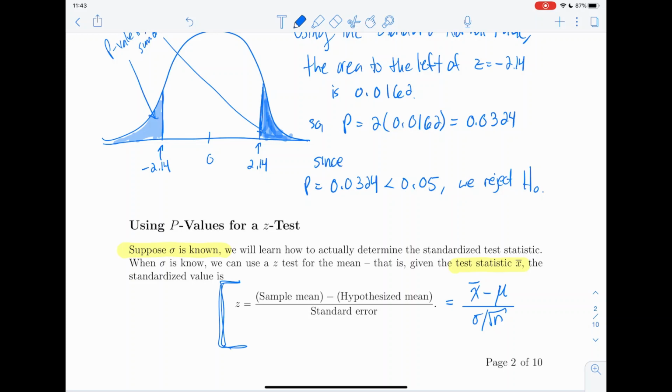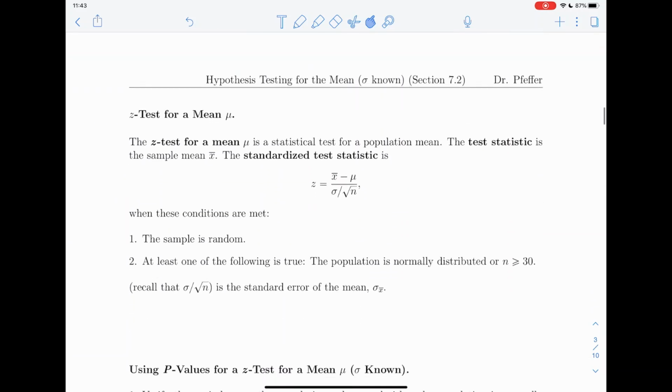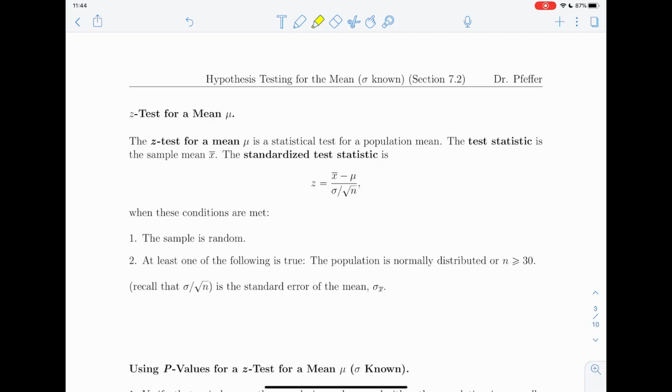So we're starting to put all the pieces together. This z-score computation we have here, we're going to call the standardized test statistic. And we're going to call this the z-test for the mean. This is a statistical test for, in particular, the population mean.